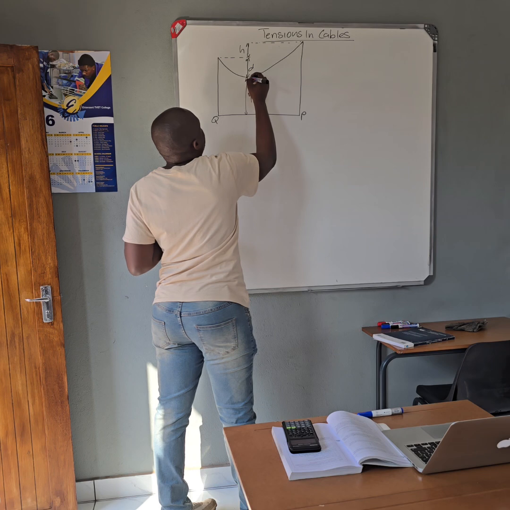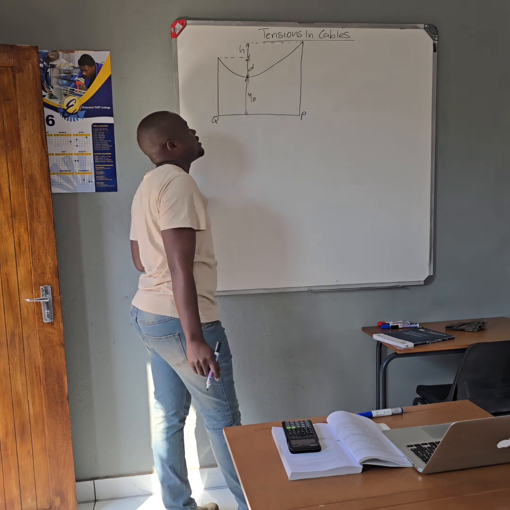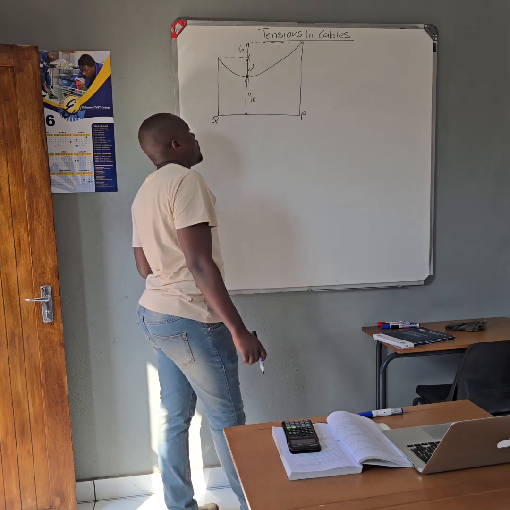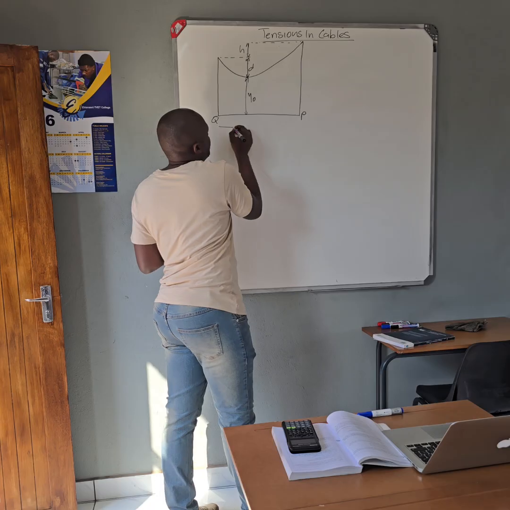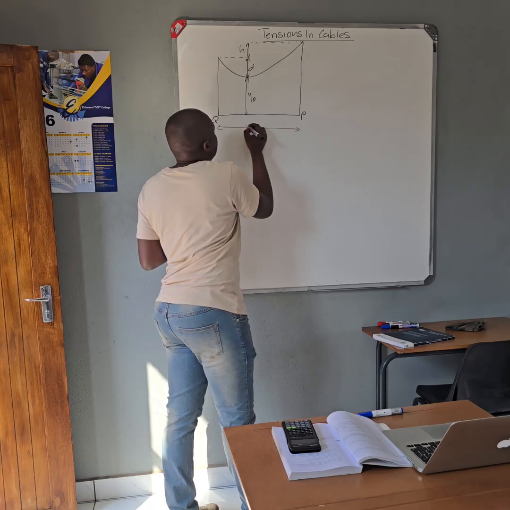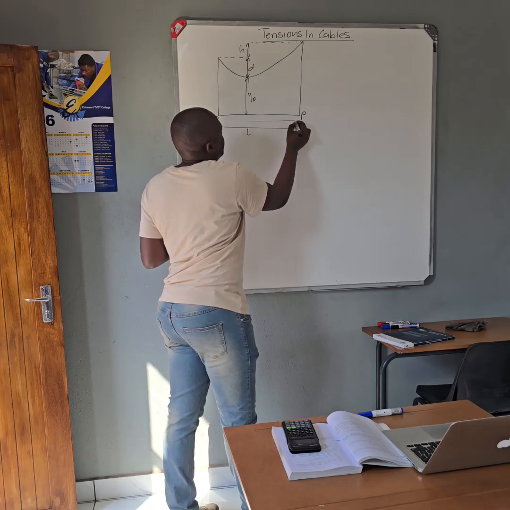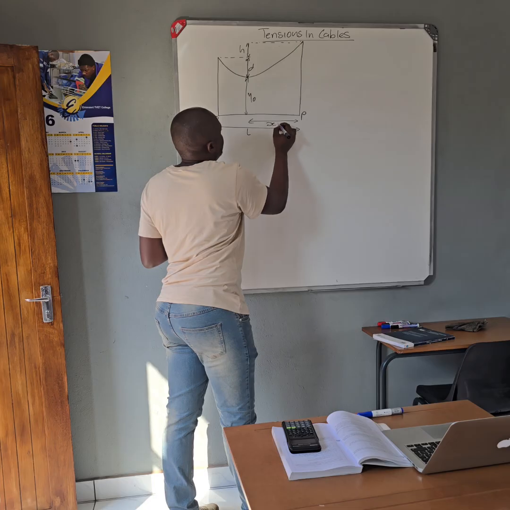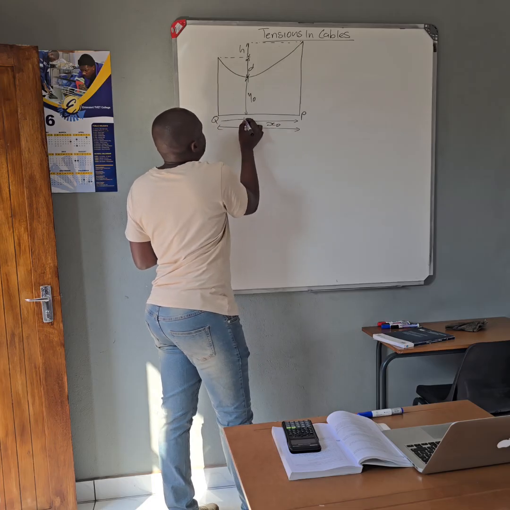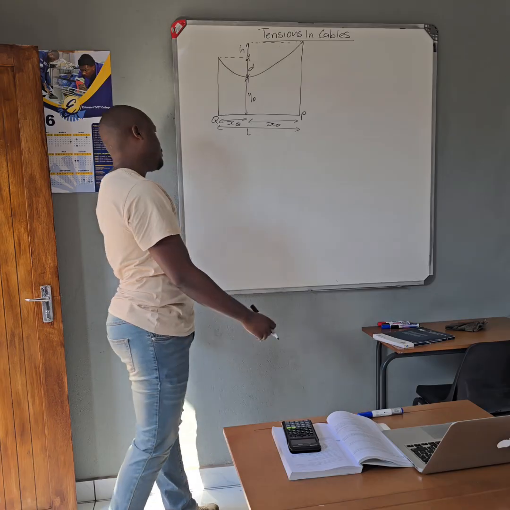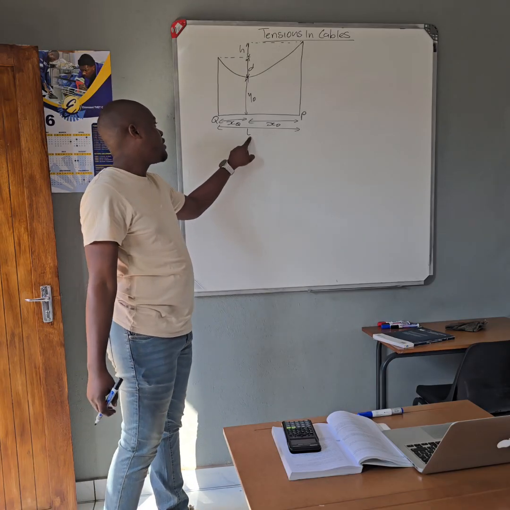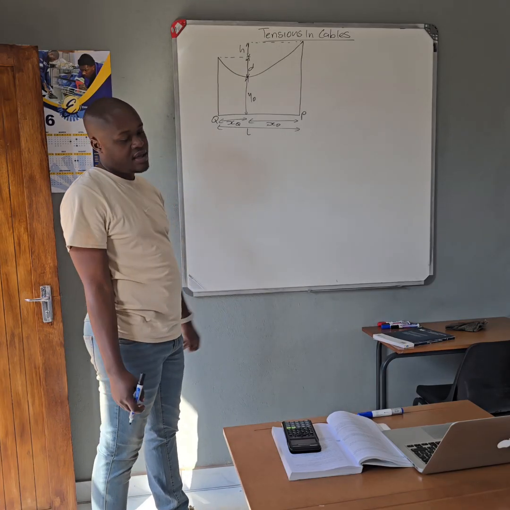And we should remember the turning point, which we call O. Then we have this one as our L, then this one is going to be XP, then this one is going to be XQ. So meaning that L is equal to XQ plus XP.